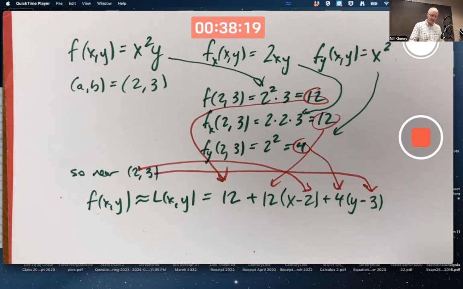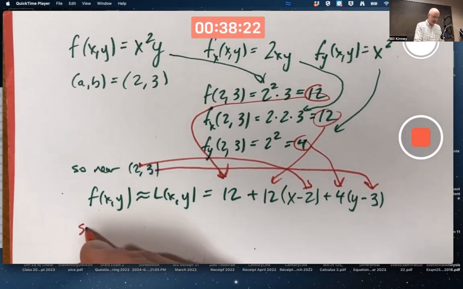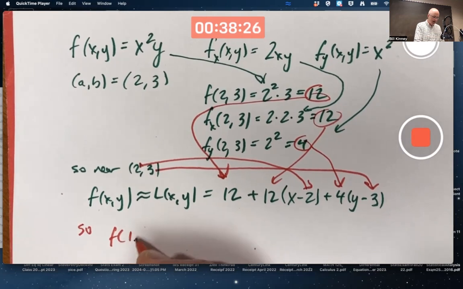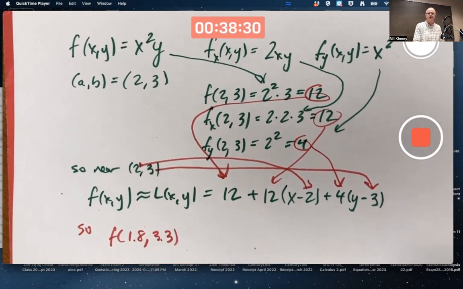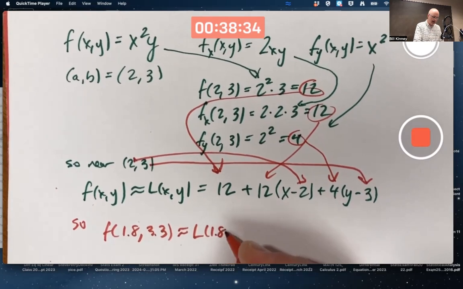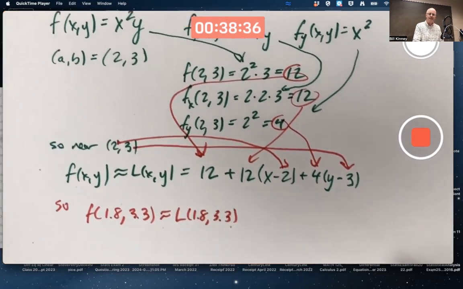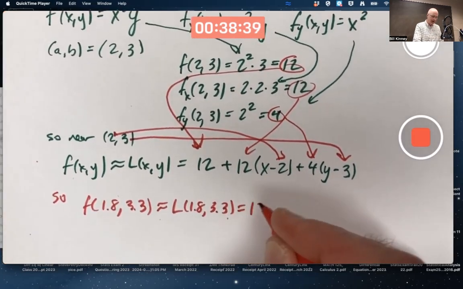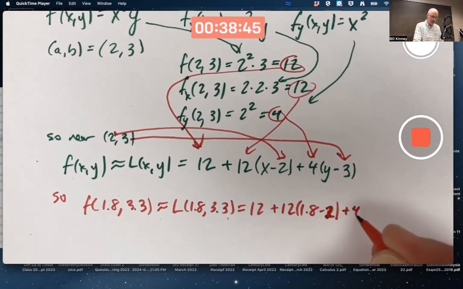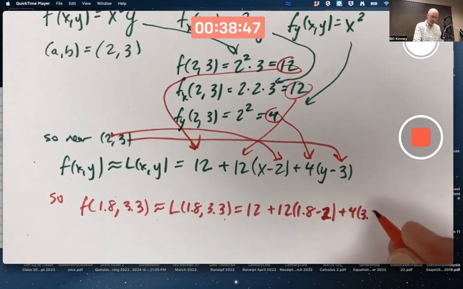So, for example, f of (1.8, 3.3) would be approximated by L of (1.8, 3.3). 12 plus 12 times (1.8 minus 2) plus 4 times (3.3 minus 3).